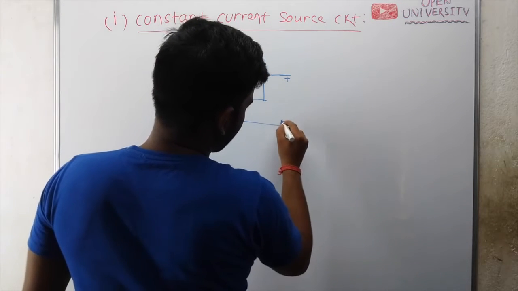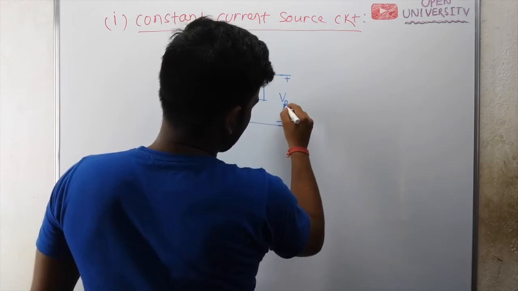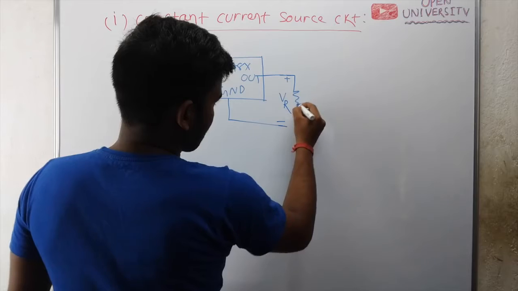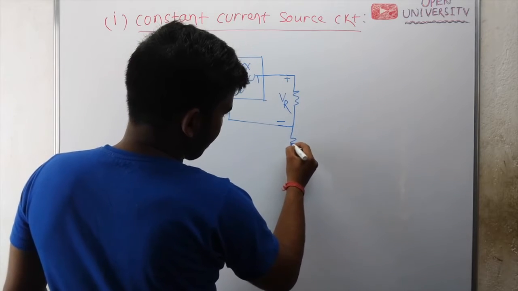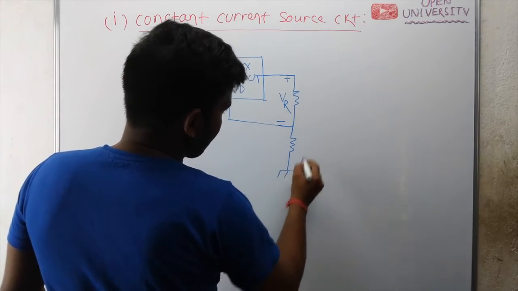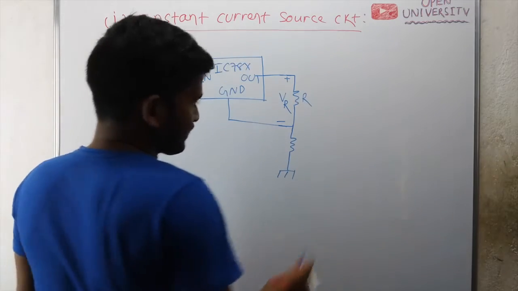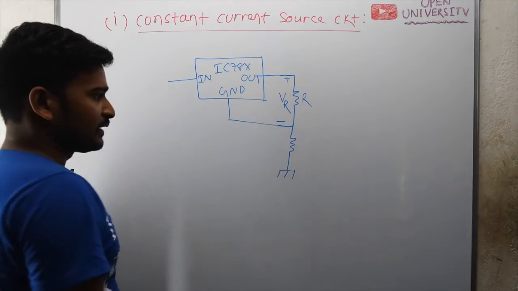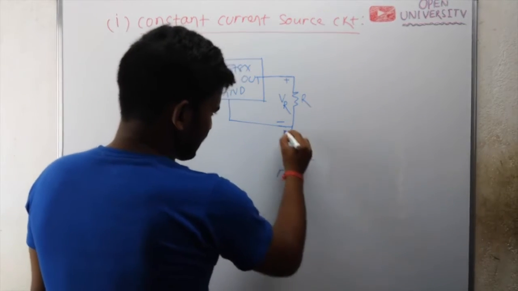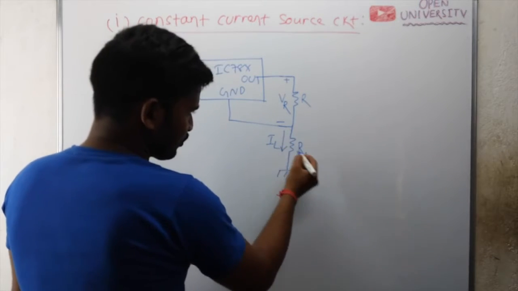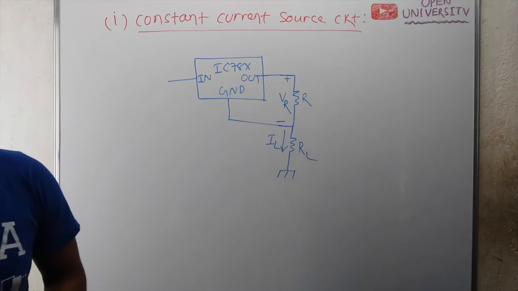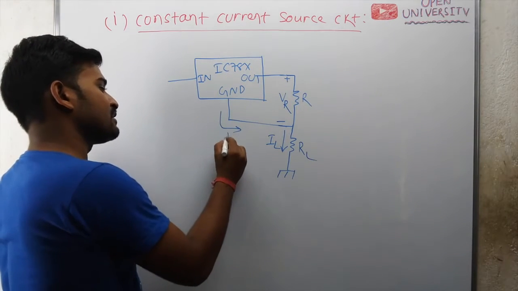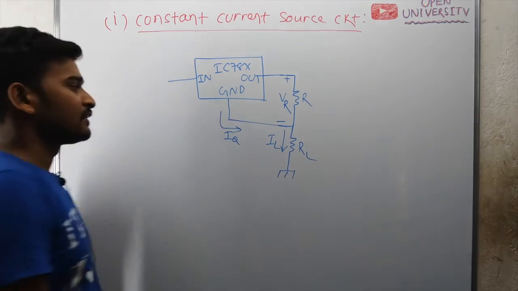This is your regulated output voltage VR, measured with respect to the ground terminal. Let this be some resistance R, this is your load current, and this is your load resistance. The current flowing through this terminal is called IQ, quiescent current.